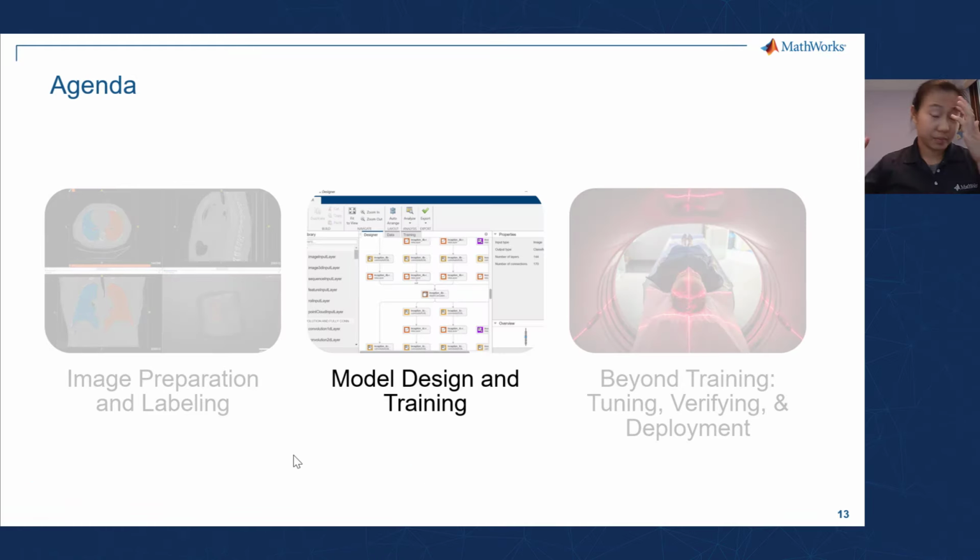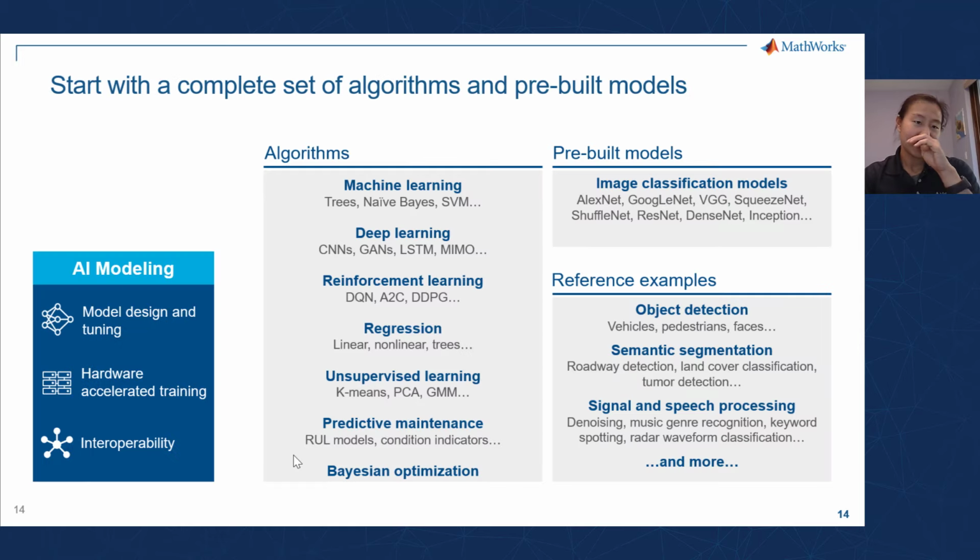Okay, so let's move on to the model design and training portion of AI workflows. This is where I think a lot of people want to spend a lot more of their time, training, seeing what kind of accuracies you're getting, seeing what kind of changes you can make to your neural network to achieve better and better results. What's really nice about some of the tools available in MATLAB is that you're not starting from scratch.